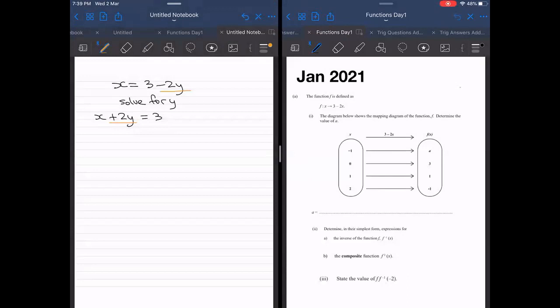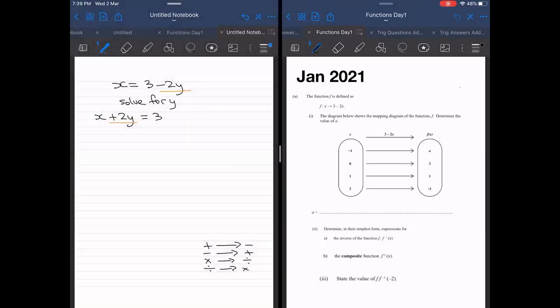Remember, we're doing the groundwork: if something is plus on one side, when we take it to the next side, we minus. If something is minus, we plus. If something is multiplied, we divide. And if something is divided, we multiply. So it's subtracted on the right, so when I take it to the left, I add.